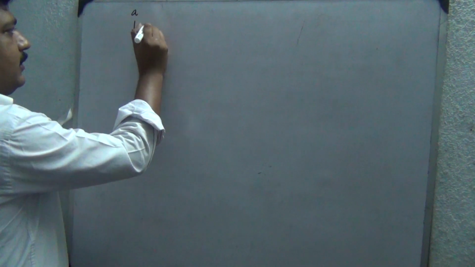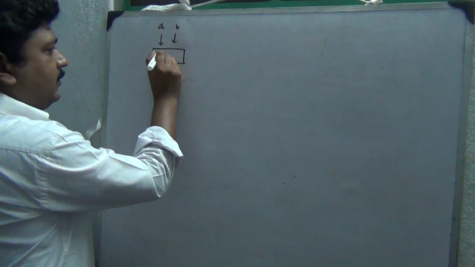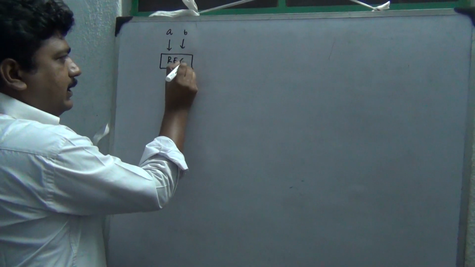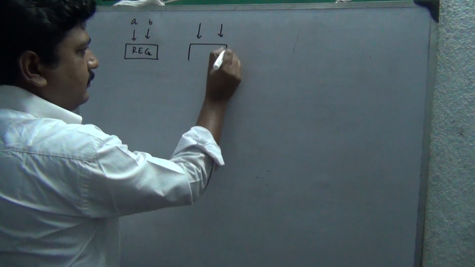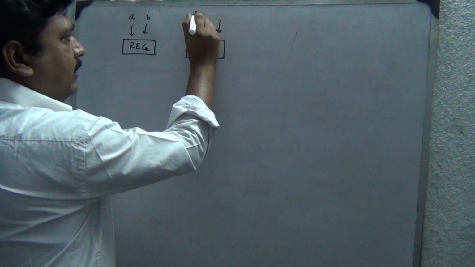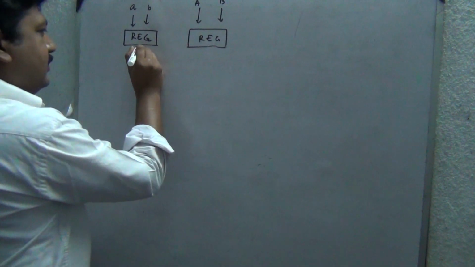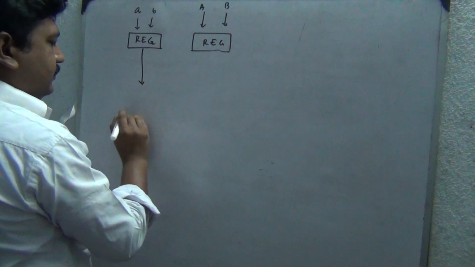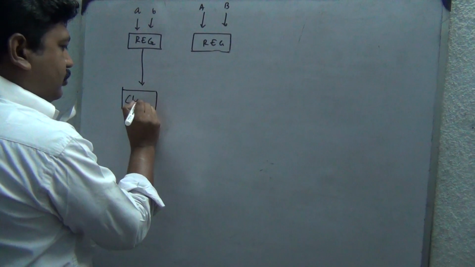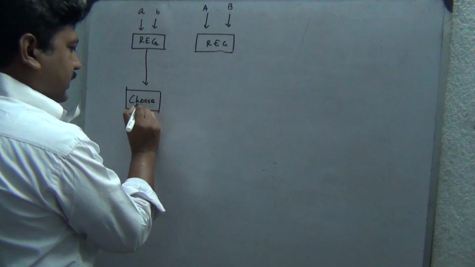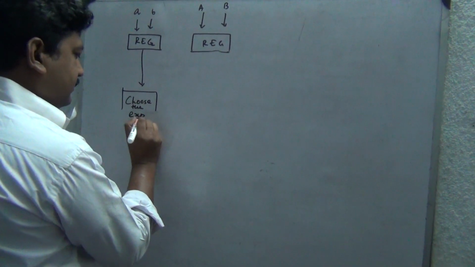Here A and B are stored in registers. Then choose the exponent.